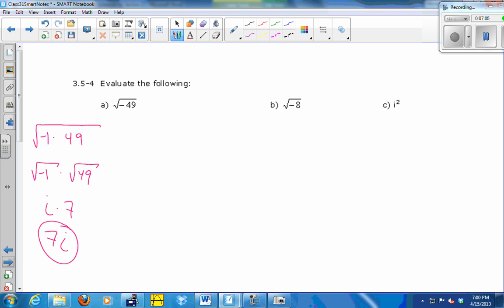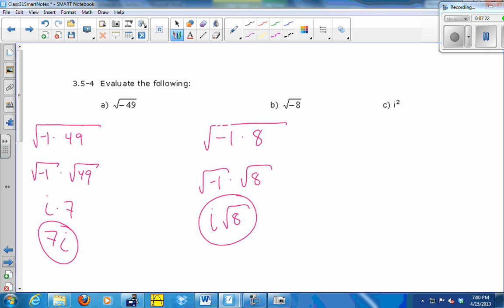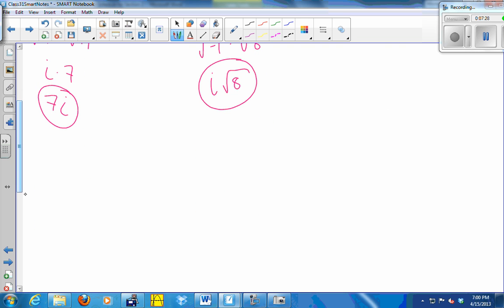The square root of -8, I would rewrite as the square root of -1 times 8, which is the square root of -1 times the square root of 8, which is i times the square root of 8. You could simplify the square root of 8 by rewriting 8 as 4 times 2.